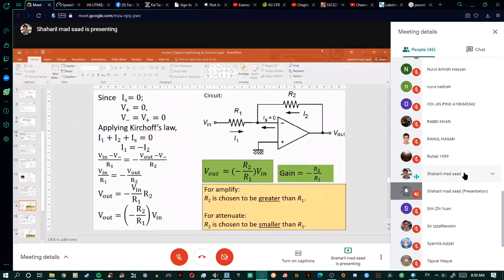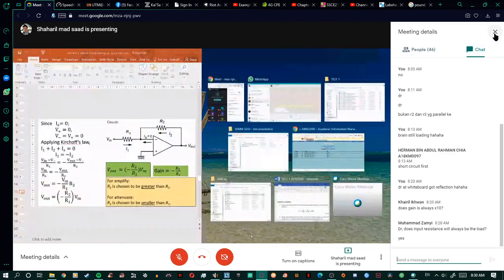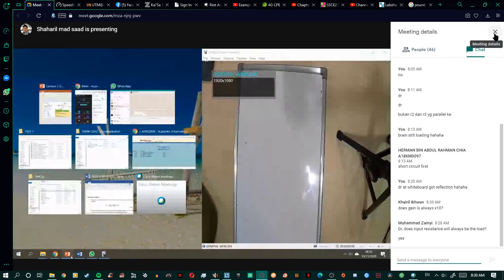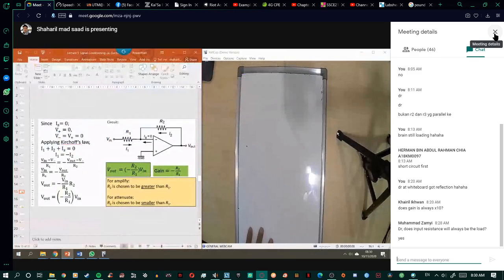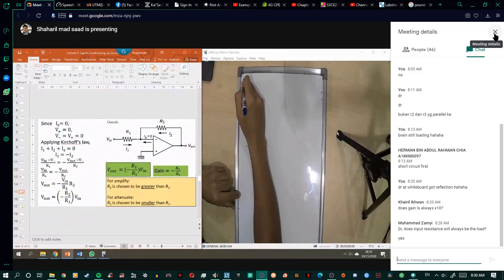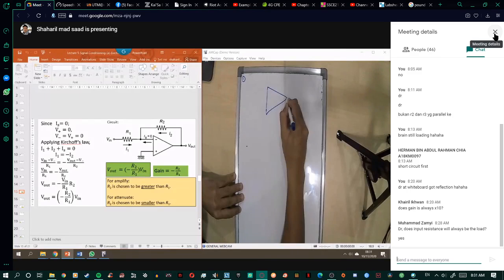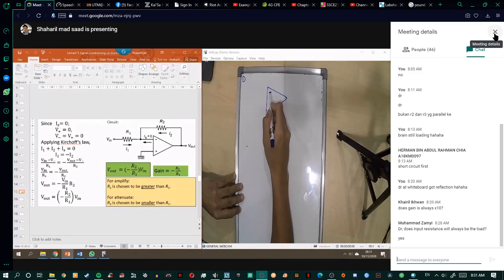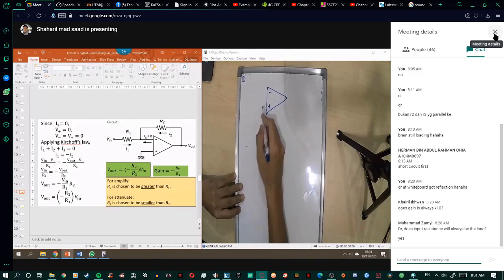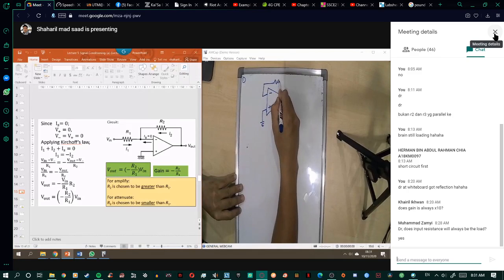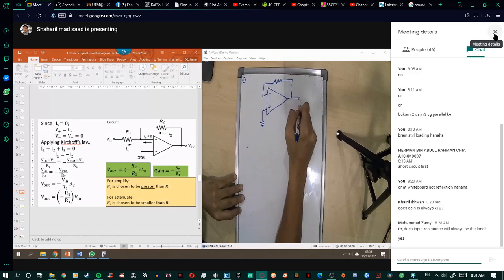Okay, so first is inverting. How to draw the inverting circuit is quite simple. Now this is the signal conditioning. It starts from minus and plus, and the plus we always go to ground for the inverting circuit, and then it has the feedback resistor.